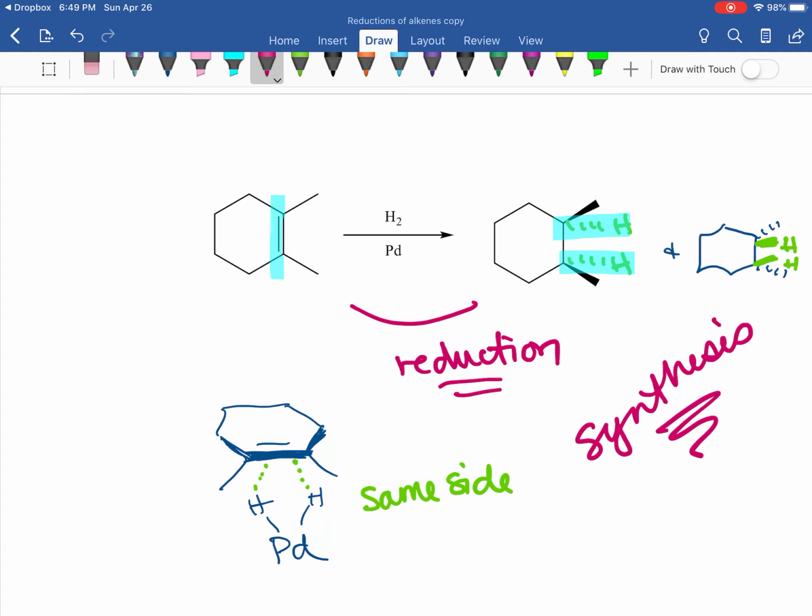So we'll probably see these again. If I don't actually give you the mechanism, I don't ask the mechanism. So I did want you to see that that would happen on the same side. So this we will see in synthesis. We will go backwards from our alkenes. So they might be in some fill in the blanks. They'll be in some questions like that, but they won't be a mechanism question.